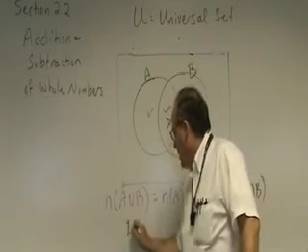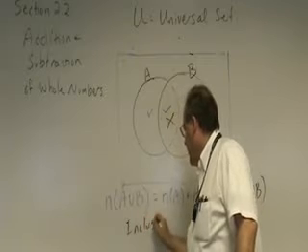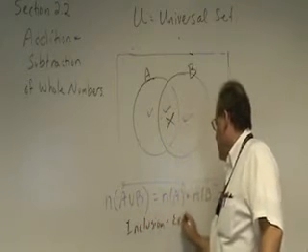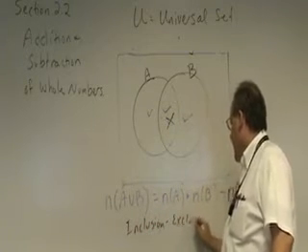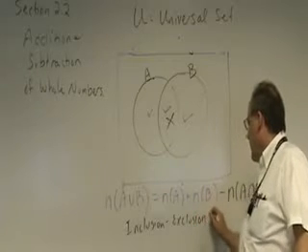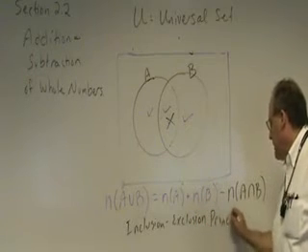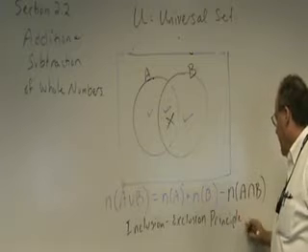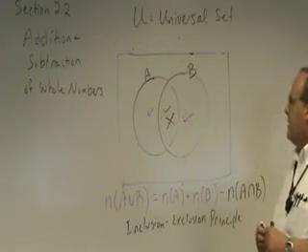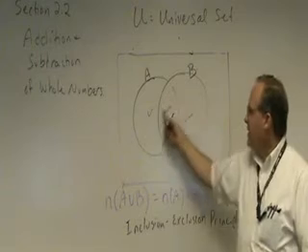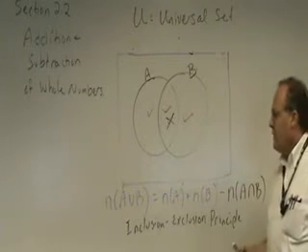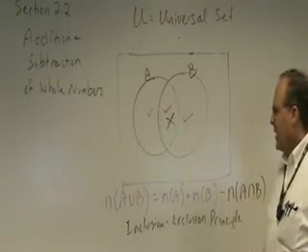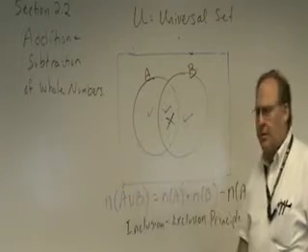This is called the Inclusion-Exclusion Principle. And what it demonstrates is that if you have sets that intersect, of course, it's going to affect what you have once you put everything together.